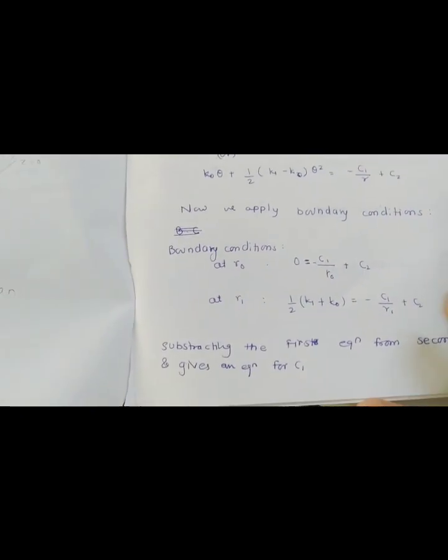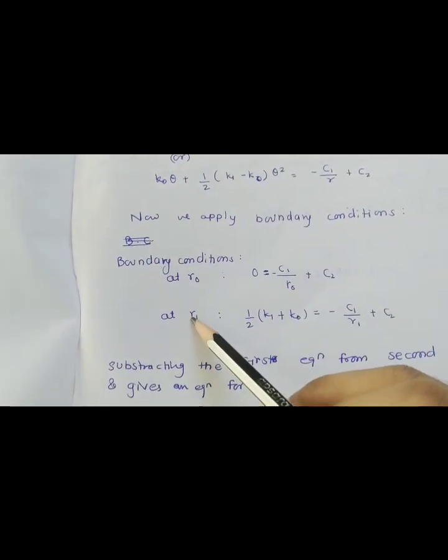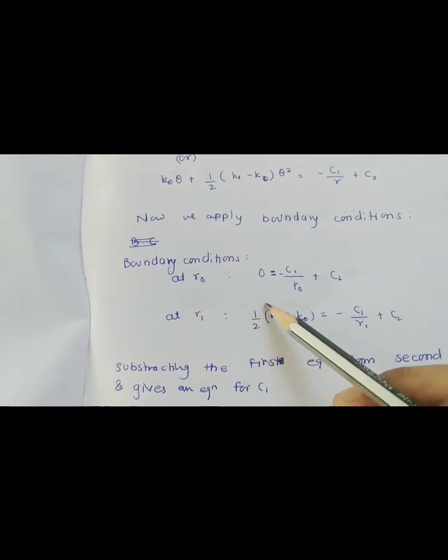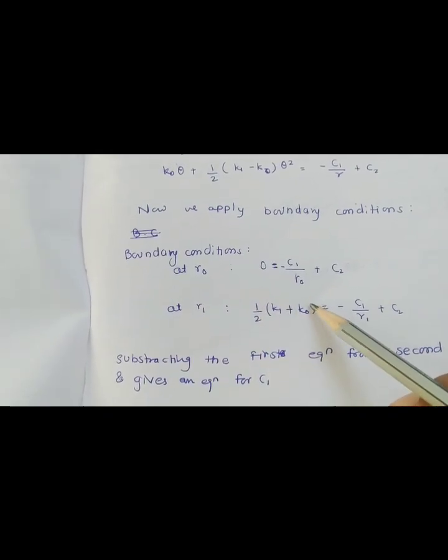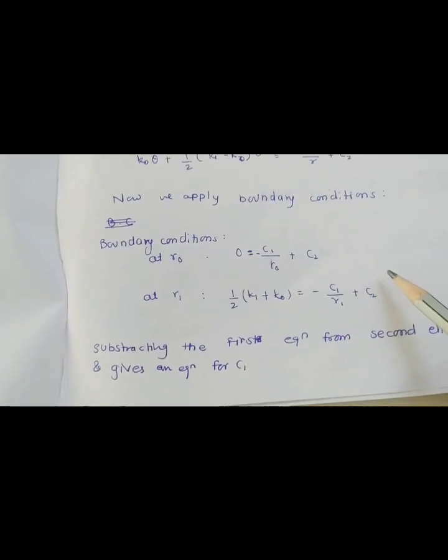Now we apply boundary conditions. The boundary conditions: at R0, 0 is equal to minus C1 by R0 plus C2, and at R1, half of K1 plus K0 is equal to minus C1 by R1 plus C2.